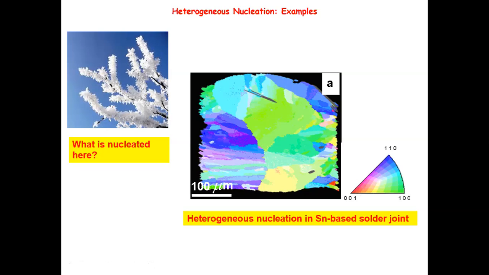For now, I won't go through the details of the color map, but just realize that each color represents a different orientation, so by looking at different colors, you can distinguish different grains. Okay, so one thing that I want you to pay attention to is this region, where you see that the colors are kind of uniform. They're purplish blue, these kinds of dark colors.